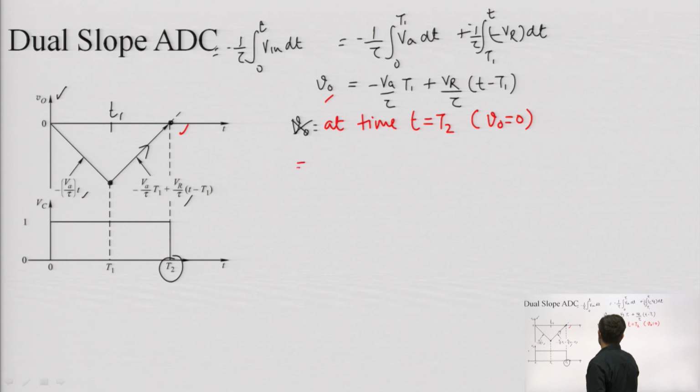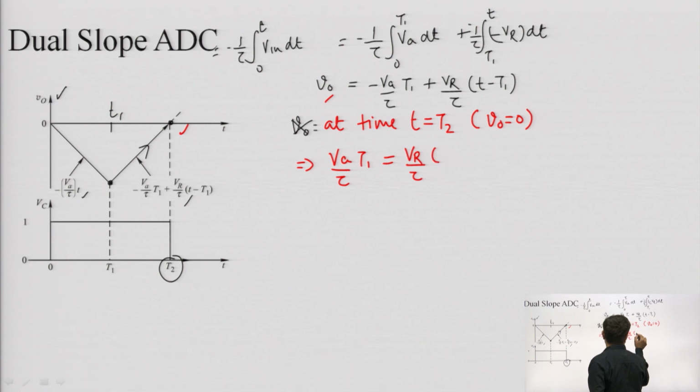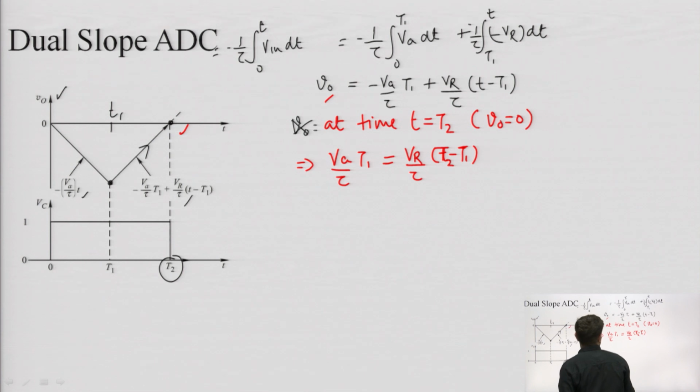So in that case I will be getting VA by tau t1 equal to VR by tau into t minus t1, and here t is equal to t2. So I am replacing t by t2. That means tau gets cancelled out.